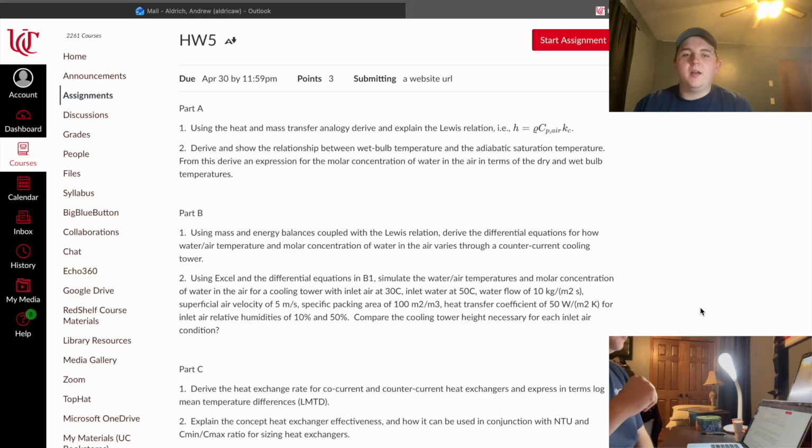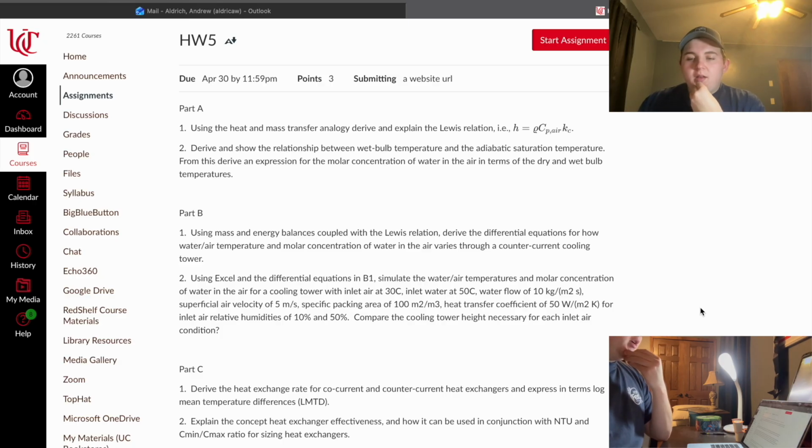Okay, we're back. I did set up the Excel, but first we're going to just go over all our constants and everything. So we have, using Excel and B1, simulate air temperatures and molar concentration for water in the air for a cooling tower with inlet air of 30 degrees Celsius, inlet water at 50 degrees Celsius.